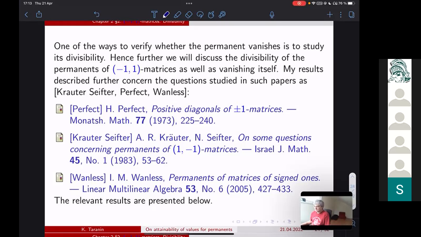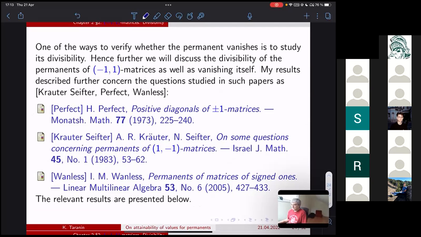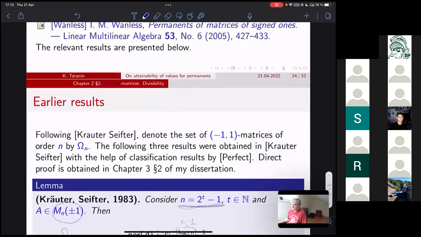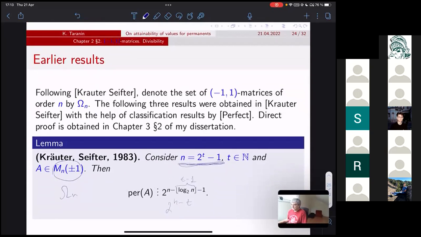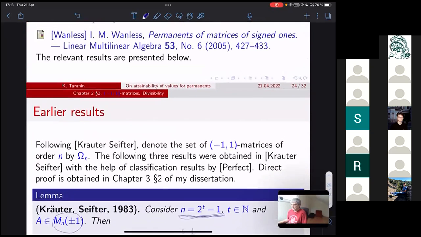And in my dissertation, I proved the results of Kreuter and Zeifter directly with the help of the formula that I have shown. And besides, I also proved a criterion of divisibility of the permanent by a greater power of 2 than was studied before. So now I think it should be more clear when I show the results themselves.